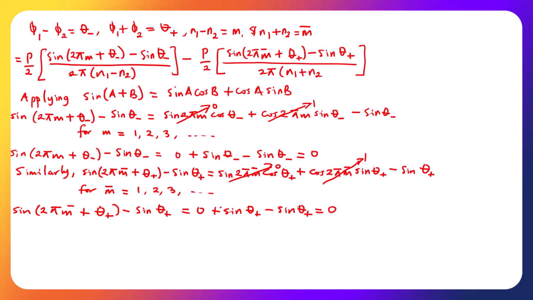So hence the proof, we have shown that 1 over p integral from 0 to p of sine beta 1 sine beta 2 dx equals to 0.